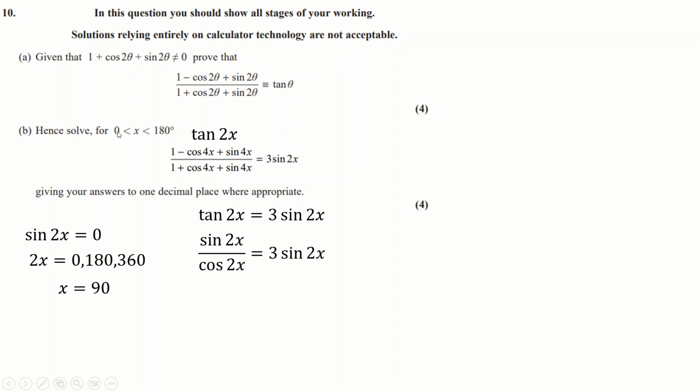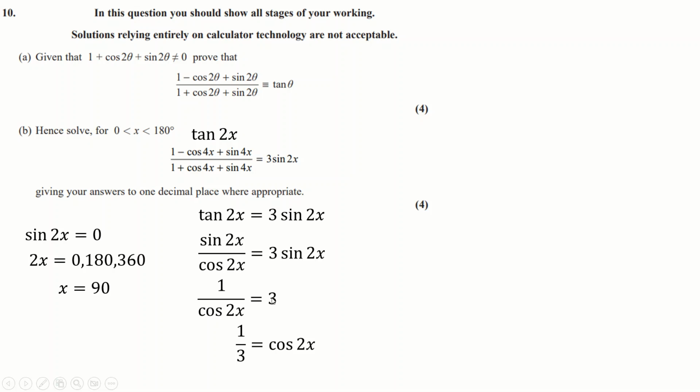The only answer that actually works in this range is 90, because 0 isn't in the range and neither is 180. So that means one answer is 90, and we just need to hold that on the side here while we divide by sine 2x, which we can now do because we've recorded the solution when sine 2x is 0, so now we can safely divide by it and not lose any solutions because we've recorded the one solution that exists.